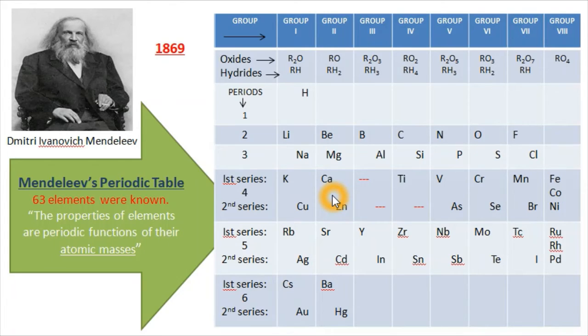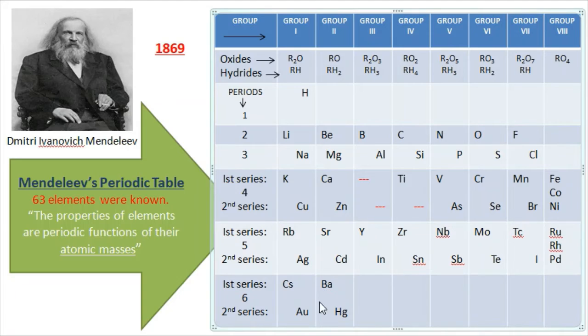That was the similar formula of oxides and hydrides, which I discussed earlier. As you can see here, he has written the general formula of oxides and hydrides here, and the elements which fall in this group have the same general formula for the oxides and hydrides. So he used this property to classify his elements.